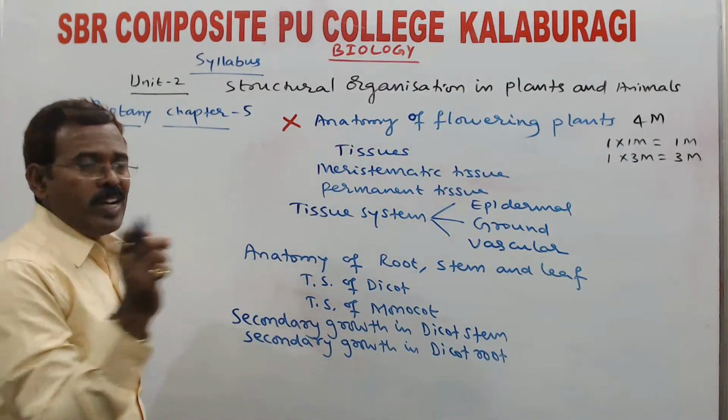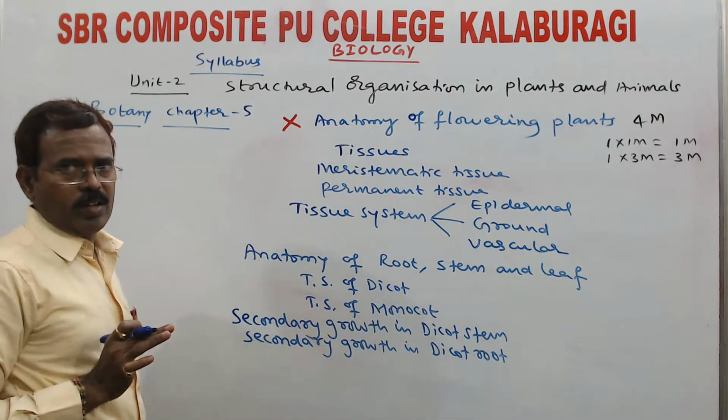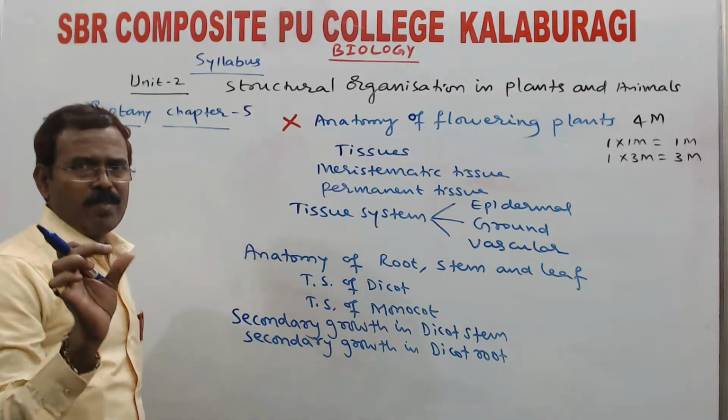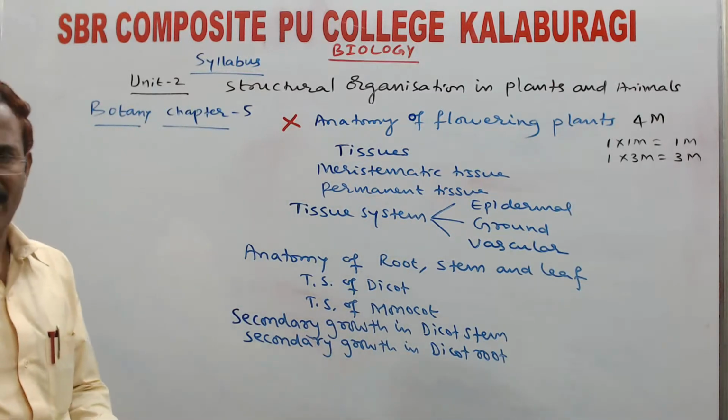But this complete chapter has been deleted this year from the botany part. So this is chapter number 5, anatomy of flowering plants.